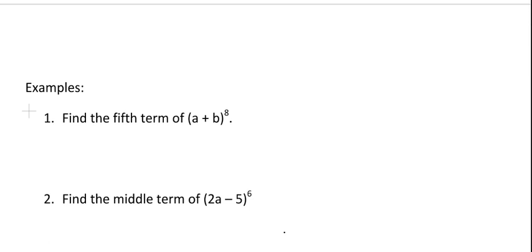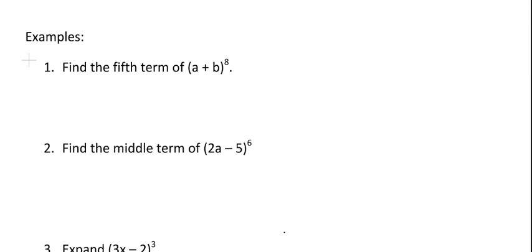So let's try this first example. Oh, lo and behold, it's the fifth term that we're going to be looking for. In this case, I'm just going to rewrite the formula for us right up here at the top. So our general term, t k plus 1, is equal to n c k, a to the n minus k, and then b to the k.